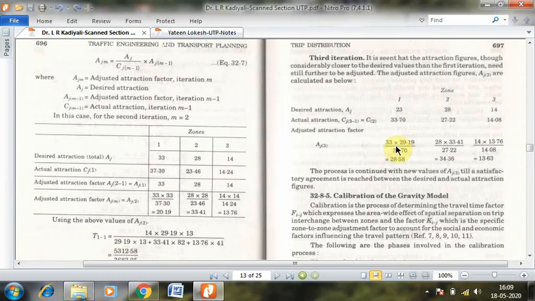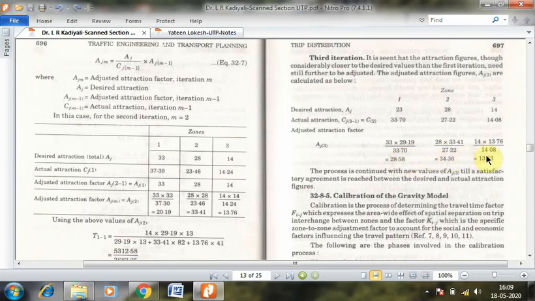Aj m minus 1 means, this is the third iteration, 3 minus 1 is 2, so Aj2 needs to be entered here. Aj2 is this value, so this is 29.19, not 20.19. So 33 multiplied by 29.19 divided by Cj m minus 1.